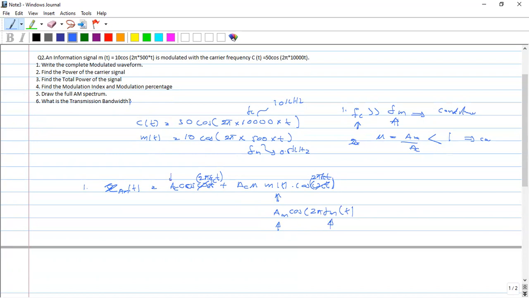This is the amplitude of the carrier signal, and this is the frequency of the carrier signal.